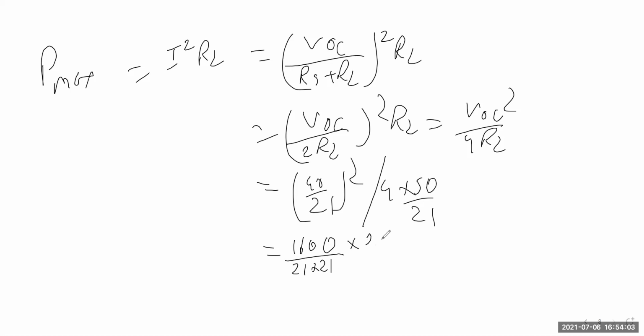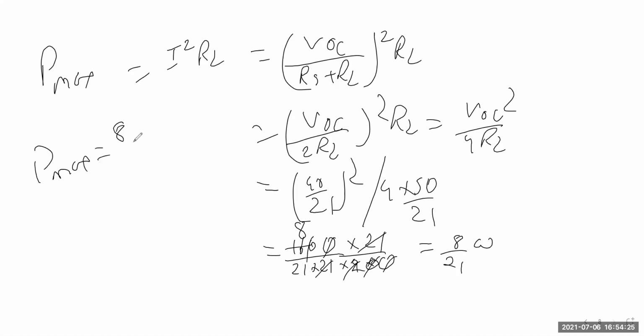Over here will be 21 into 4 into 50, so it will be your 200. So this is around 8 by 21 watt. So that is your P max is equal to 8 by 21. Okay, this is what we got.